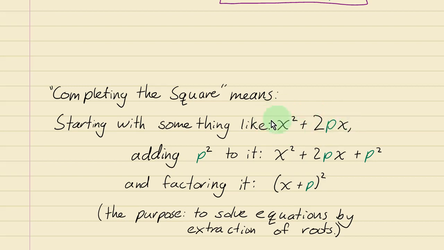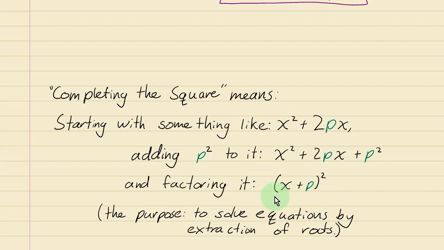Right now this is not a square of a binomial, but if you figure out what your p is and then square that and add that number to it, suddenly this is of the form x squared plus 2p times x plus p squared, and that is the same thing as x plus p quantity squared.